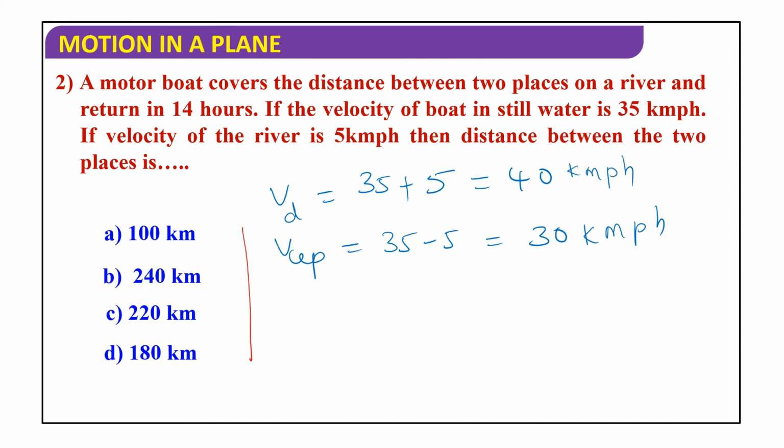Now we will calculate total time. So 14 hours equals x by 40 plus x by 30, where x is the distance between the two places.